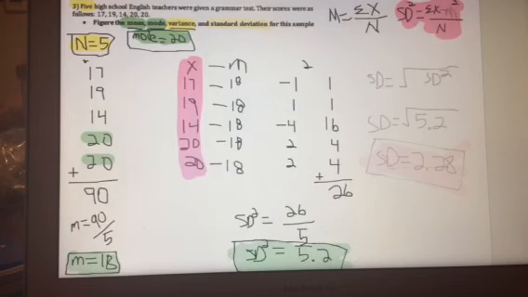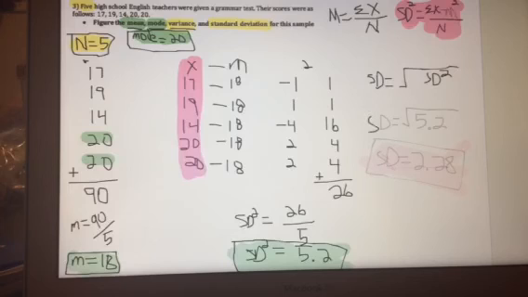Now, the next thing they're asking for is our standard deviation. What's our formula for standard deviation? Make sure you learn these. Our formula for standard deviation is SD equals the square root of SD squared.